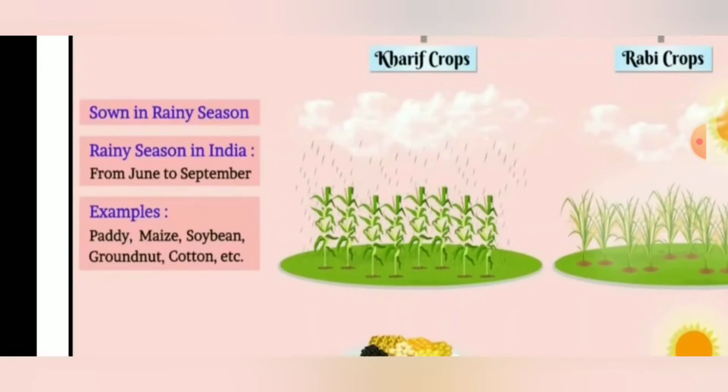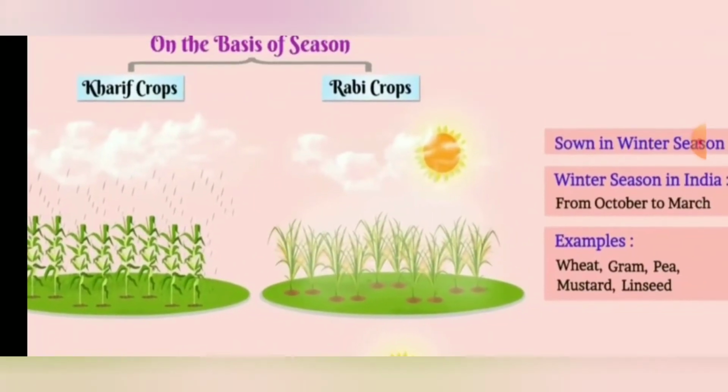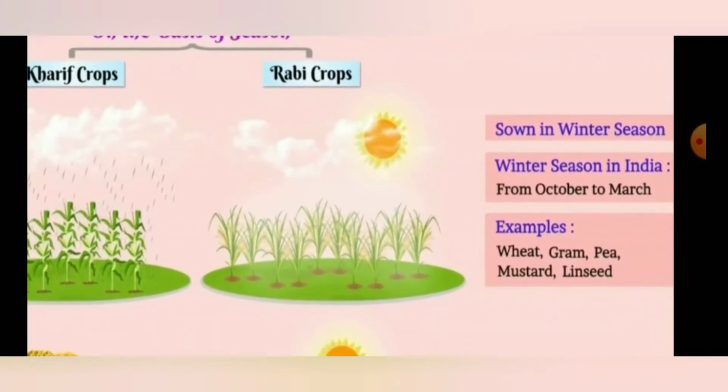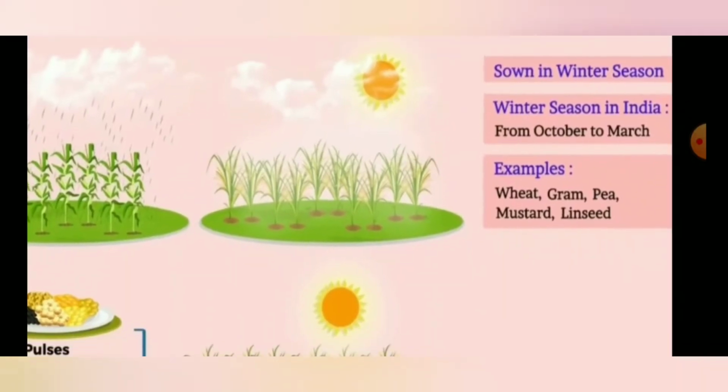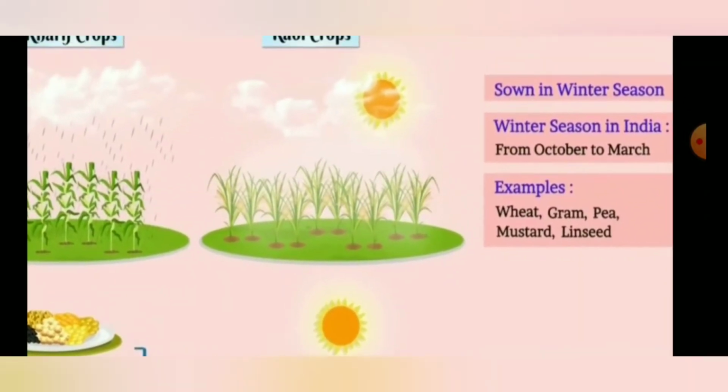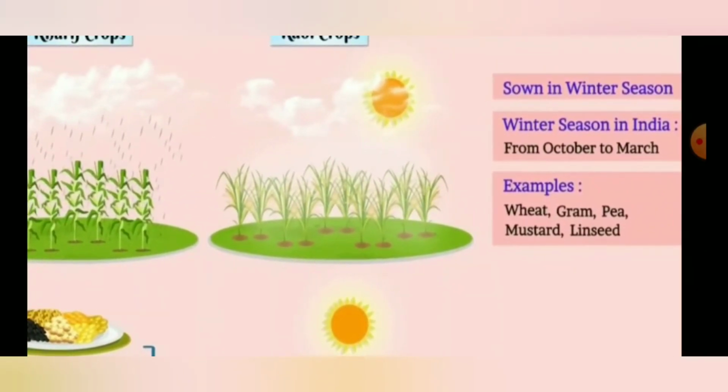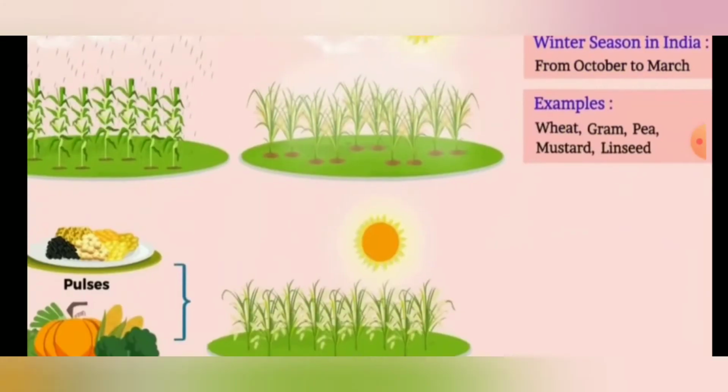Examples of kharif plants are paddy, maize, soybean, groundnut, cotton, etc. Here you can observe the rabi crops, which are sown usually in the winter season. The winter season starts from October to March. Examples of rabi crops are wheat, gram, pea, mustard, linseed.